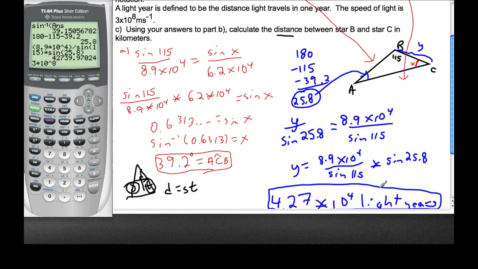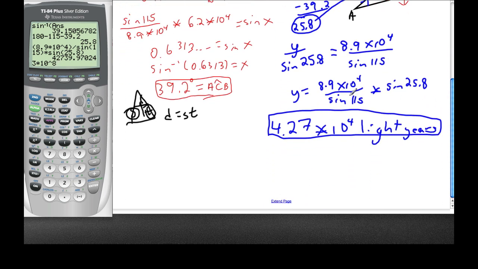These are light years. Okay, this is in meters per second. And what we actually want is kilometers. So keep that in mind. So speed, 3 times 10 to the 8 meters per second. You're going for 4.27 times 10 to the 4 light years.